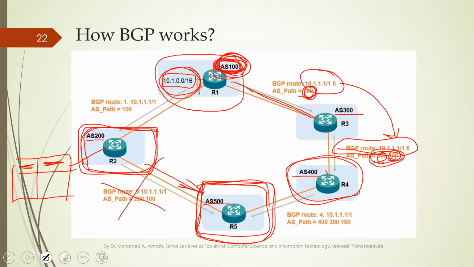So it's supposed to go this way, and as you can see, this side is 400, 300, and 100. Okay, this is how it works. The network ID is sent to the router, followed by the autonomous system number.